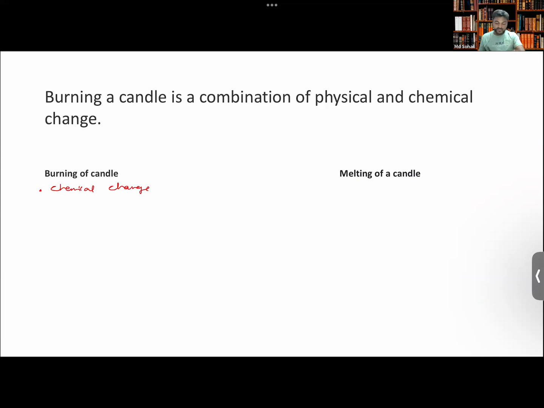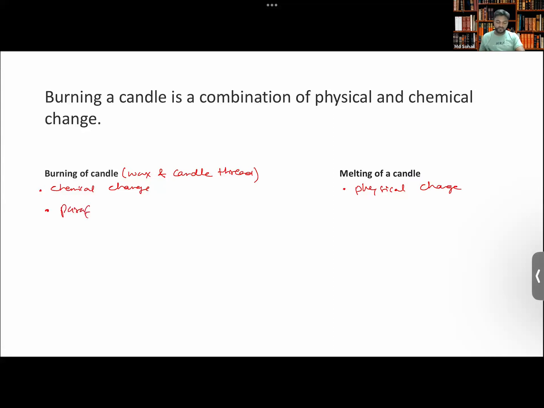In this, what is burning, it's better to say, is the wax and the candle thread, right? And melting of a candle we call a physical change. So what happens?